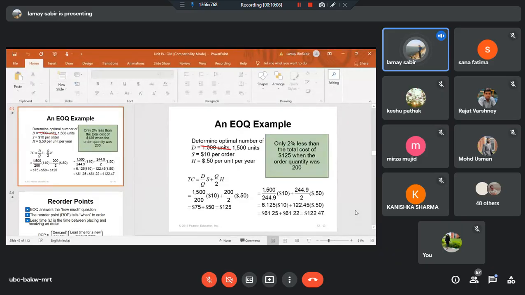I told you that in a basic inventory model, this process of filling the inventory is quite instantaneous, so we replenish the inventory instantaneously. But practically speaking, the time gap between placing the order and getting the order always exists. And this gap period, which I have already discussed with you, is known as lead time.